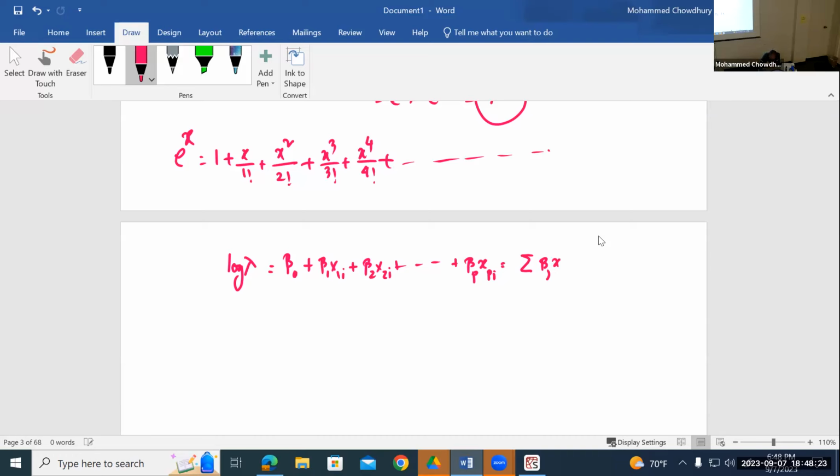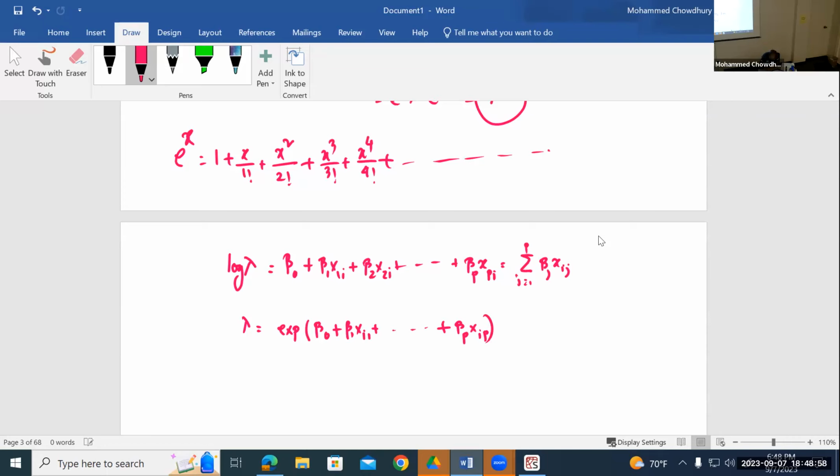So this would be written as j goes 1 to p. Now, if I want to write lambda, it is nothing but the exponentiation of this quantity, beta 0, beta 1 x i1, and so on.